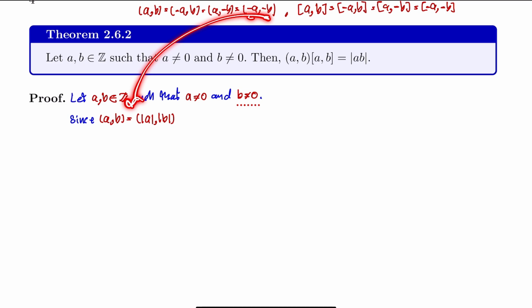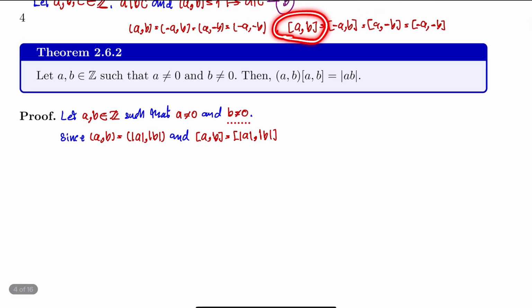So I can write the greatest common divisor of a and b equals the greatest common divisor of the absolute value of a and the absolute value of b. And the least common multiple of a and b is the least common multiple of the absolute value of a and the absolute value of b, because the LCM of a and b is the LCM of minus a and b, and it can be the LCM of a and minus b, and it can be the LCM of minus a and minus b.